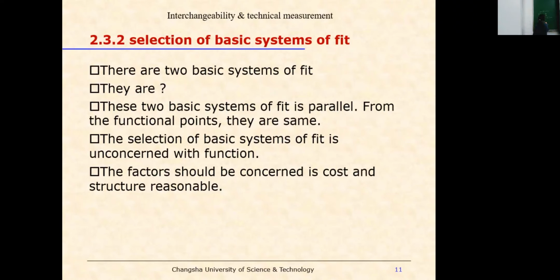H is the basic grade we use for engineering. H7, H8, G8 have the same clearance and same interference, right? Because they have the same name, just changing position. So the selection of the basic system of fit is unconcerned with function.